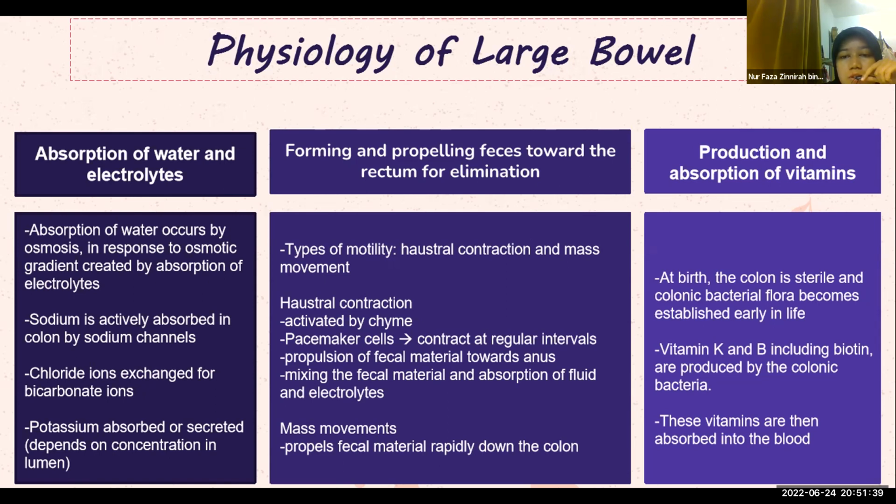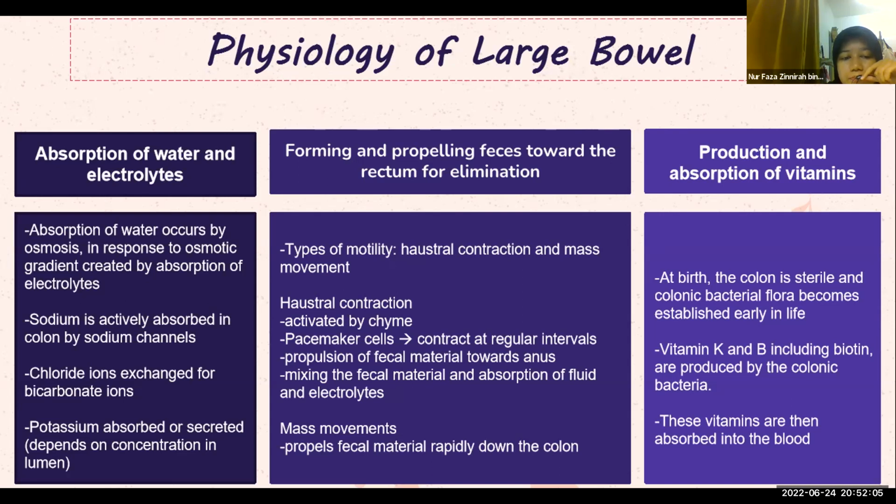The elimination of the feces involves two types of motility, which are haustral contraction and mass movement. In haustral contraction, the haustra are the sacculations in the colon that give the segmented appearance, and this contraction is activated by the enteric nervous system. On the colon wall, there are pacemaker cells that send signals to the smooth muscle cells, so it causes contraction at regular intervals.